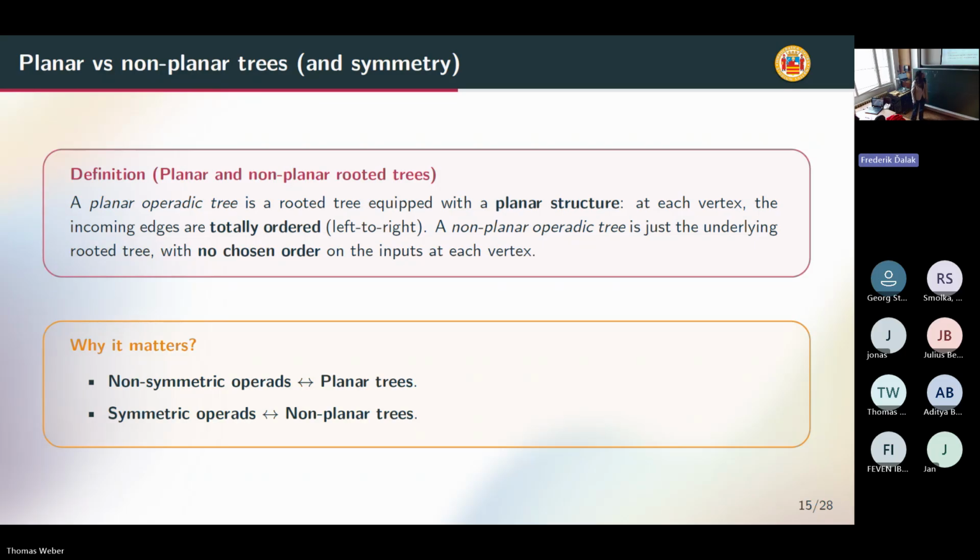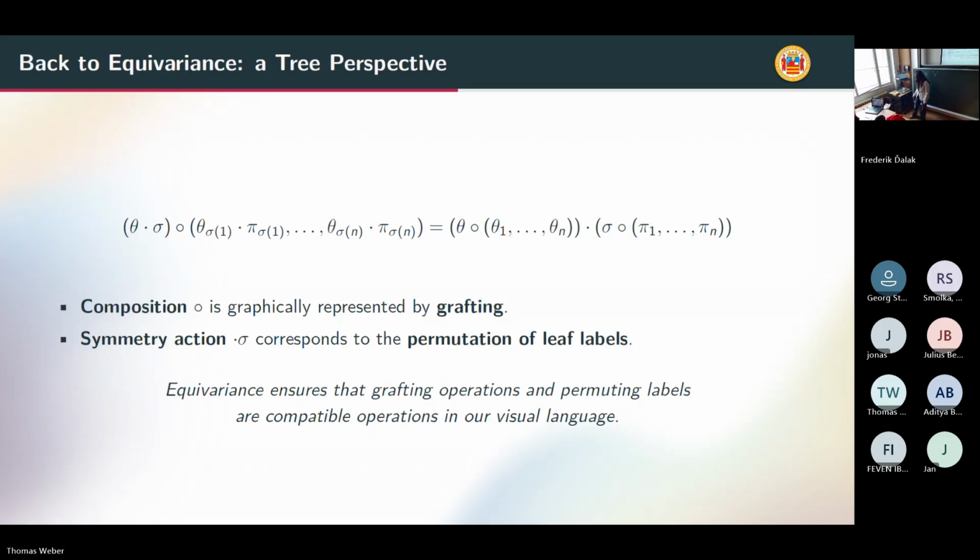Of course, thanks to these definitions we have provided, we can now probably understand in a more visual way this formula. This is the equivariance formula we saw in the definition of symmetric operad, and I think it can be easily understood by means of trees. Maybe I can explain a little bit more.